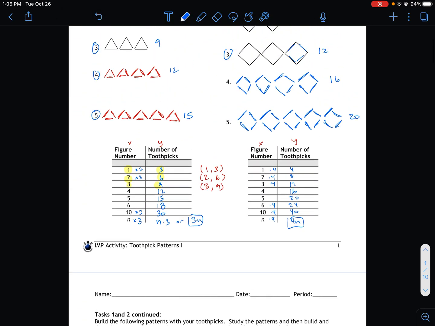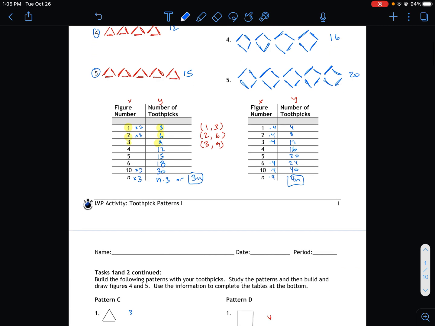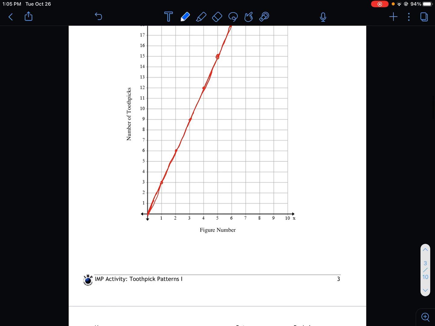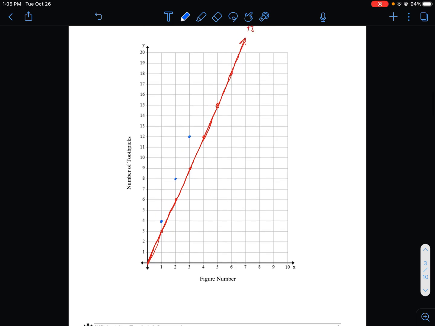Figure B, table B, we've got 1, 4, 2, 8, 4, 12, 1, 4, 2, 8, 3, 12. And you can actually see that, remember, you add 4 more toothpicks each time.